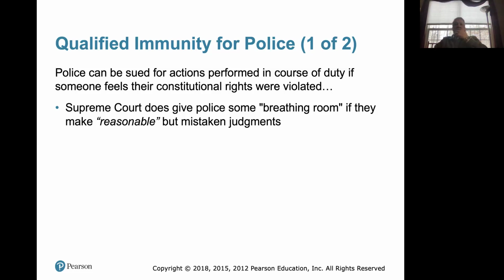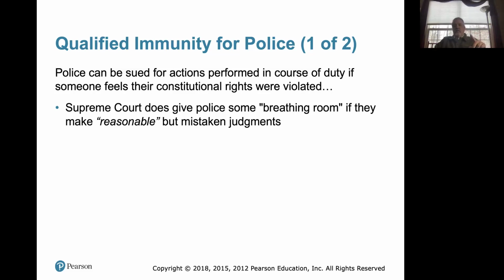That's why sometimes you'll see police officers call in to confirm a warrant. Even if they think the warrant exists, they'll call to confirm it because they don't want to make the mistake of arresting someone. So in that situation, unless you can show that the officer knew or should have known that the warrant was no longer a good warrant, then the officer is going to be immune from suit for that violation.